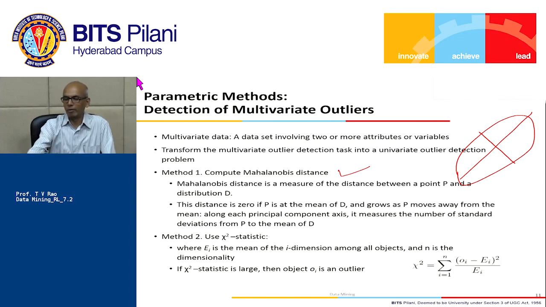Here we have only 2 dimensions, so we could visualize it easily. But in general, in an n-dimensional space, it works in a similar way. It is going to find all the principal component axes and the standard deviation along each axis, and then determine the distance of the data point and whether it is beyond a range to be an outlier.